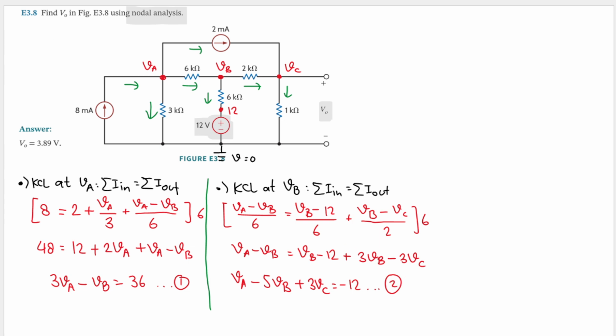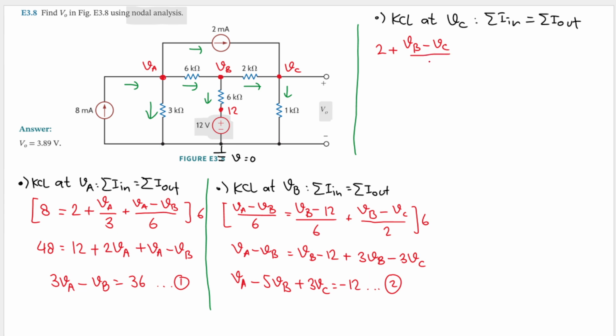Okay, now let's do another KCL, but this time at node VC. Again, KCL says that the sum of the currents that go in will equal the currents that go out. There are two currents that go in, this one and this one. So we'll have 2, and then plus this one here, VB minus VC divided by 2.